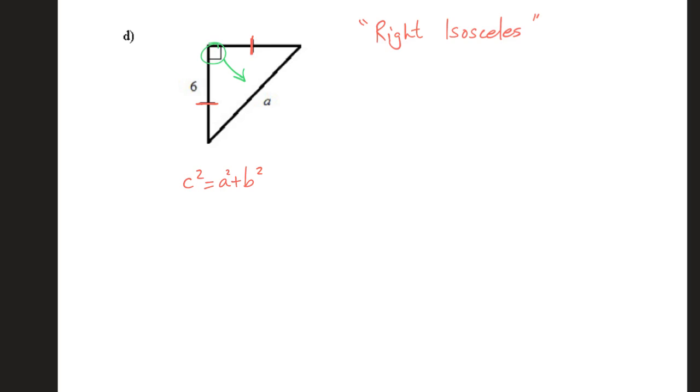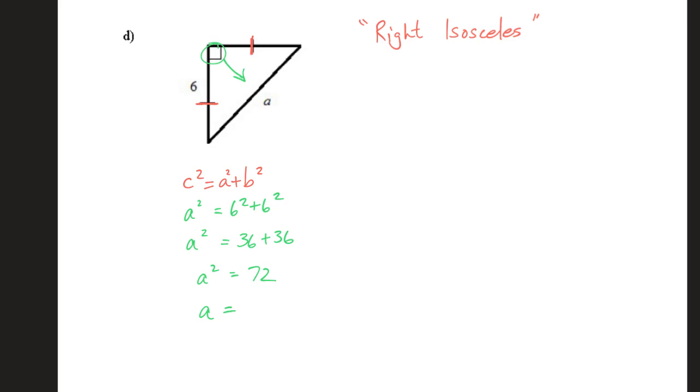And so in this instance, we would get a squared is going to equal 6 squared plus 6 squared. Well, pretty quickly then, we get a squared is going to equal 36 plus 36. A squared equals 72. To get rid of a squared, I take a square root, and now we have to calculate the square root of 72.